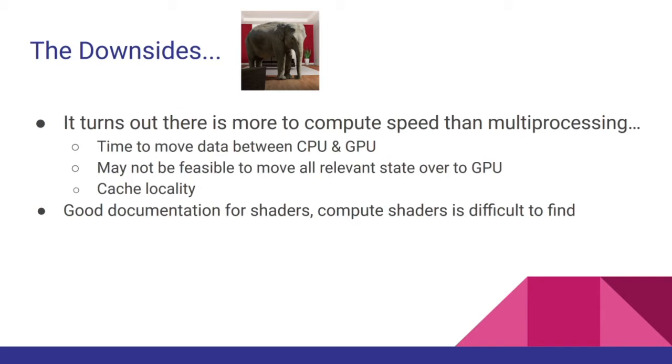There's also the problem that, if you're running a huge Unity game with all these different classes and it's object-oriented and everything, you're going to have a lot of state being stored on the CPU, and your algorithm may use a huge portion of that state. So sometimes it's just unrealistic to copy over all the state from your game into the VRAM just to do a simple shader call.